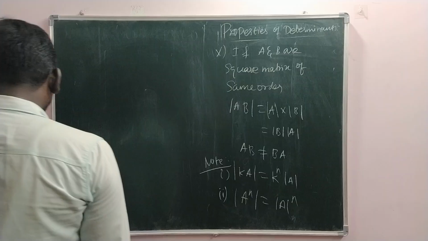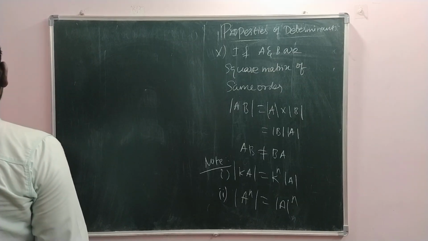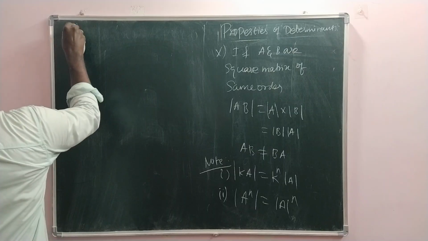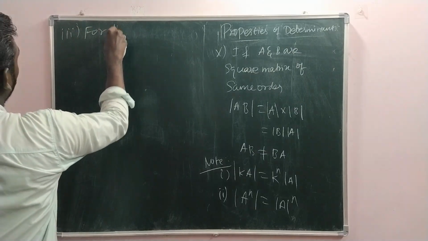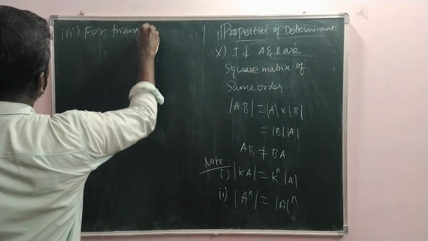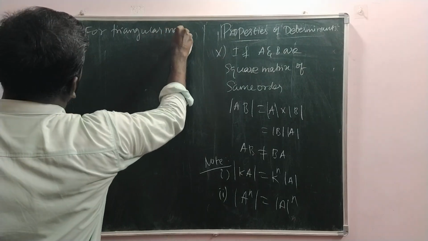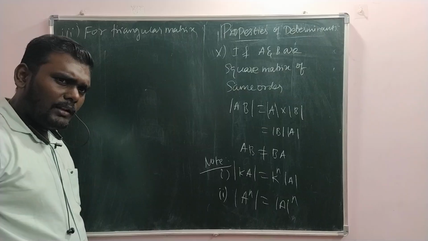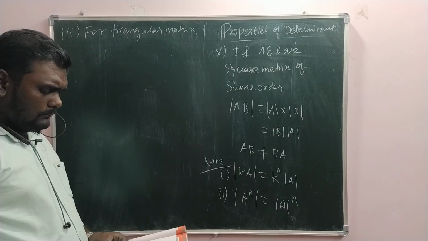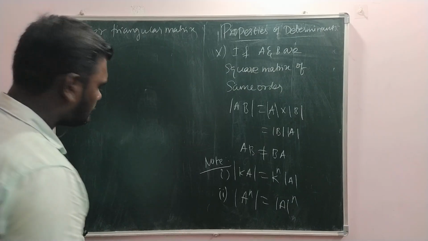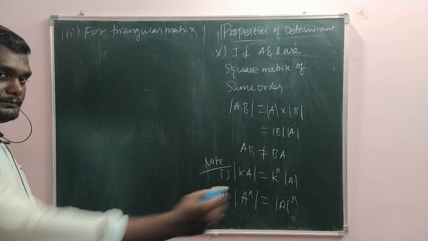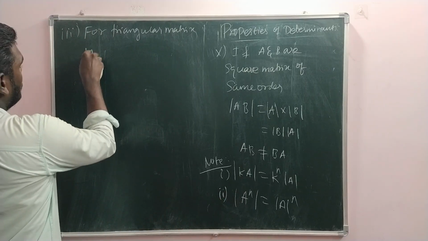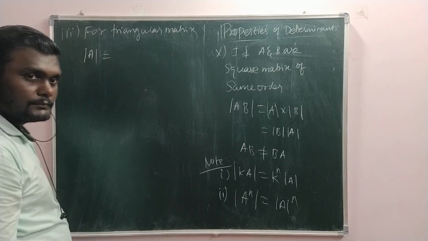And then, if A is a triangular matrix, then simply for a triangular matrix, either upper triangular or lower triangular or diagonal matrix, where did you go? Are you there? Are you there or not?